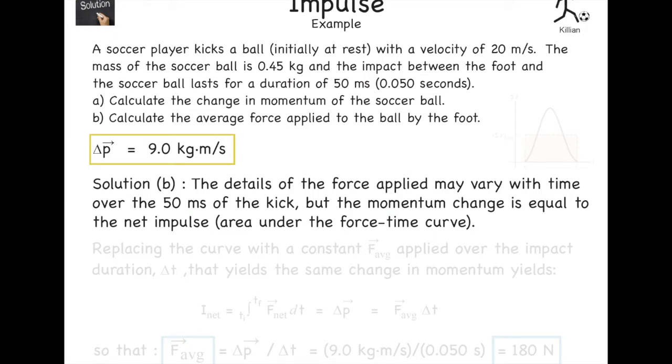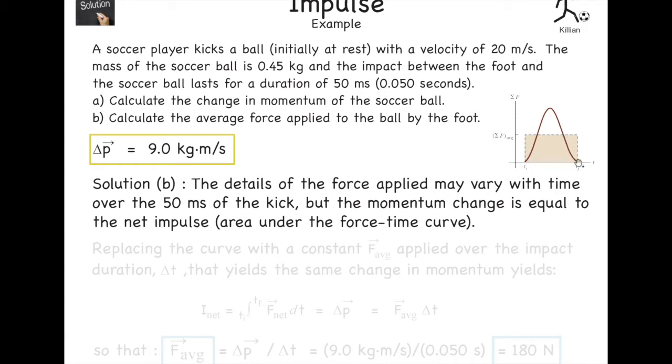So the details of the force may vary with time over that 50 millisecond application window, but the momentum change is equal to the net impulse, which, if you remember, is the area underneath the curve. So even if the force changes as a function of time during this 50 millisecond window, from first contact to when the ball completely leaves contact with your toes, the details are not important if what we care about is a change in momentum, because the total change in momentum was the area underneath this curve.